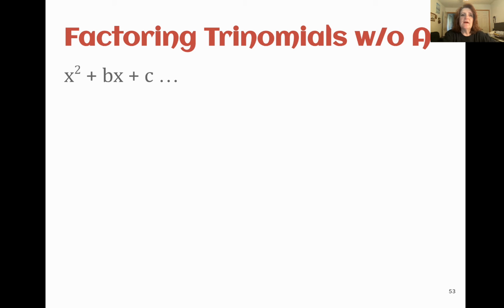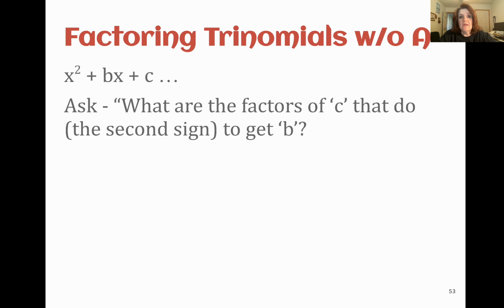Then you have to figure out how to factor trinomials without a: x squared plus bx plus c. The a is 1. Ask yourself the question, what are the factors of c that do the second sign to get b?